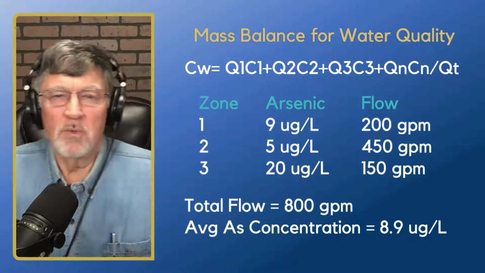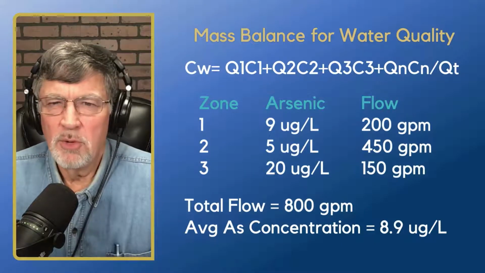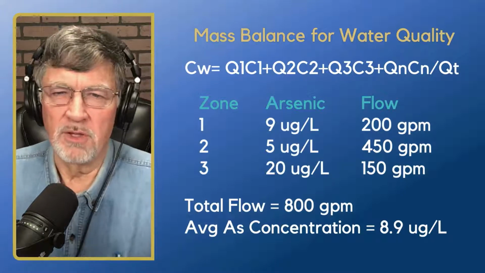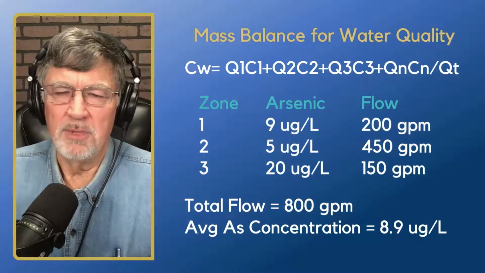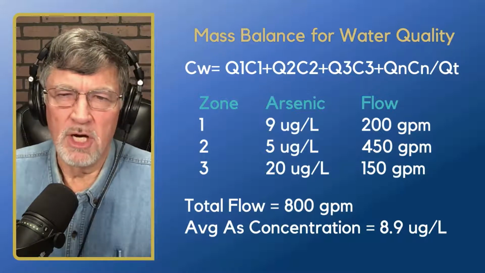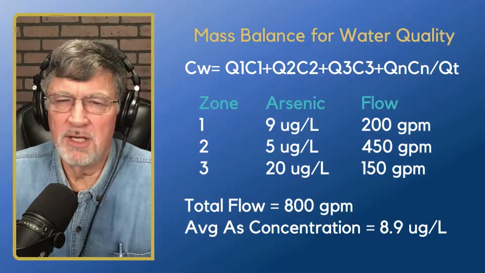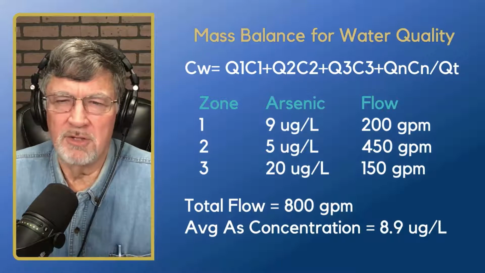Mass balance for water quality. This is kind of a simplistic weighted average. So we look at our specific zones. For each zone we look at the discharge, the flow rate. In zone 1, that would be Q1. Concentration of contaminant would be C1. And then for each zone we do the same calculation.